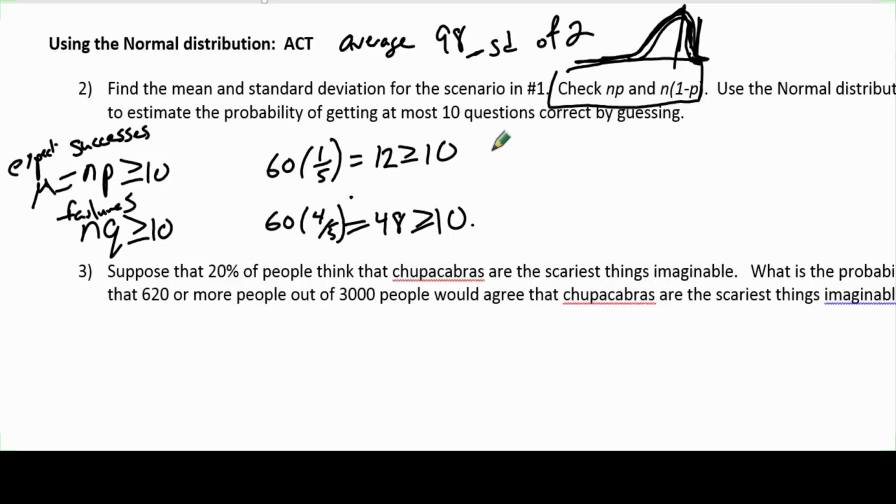What else do we know? So we can say that x is approximately normally distributed with a mean of 12 and a standard deviation of, okay, so what was the standard deviation? Well, the standard deviation would be the square root of NPQ, right? So in this case, it would equal the square root of 60 times 1/5 times 4/5.